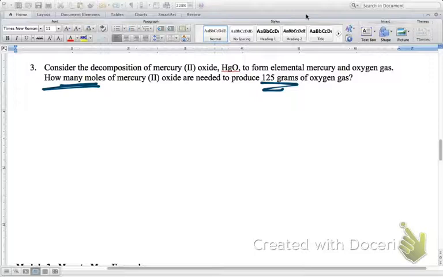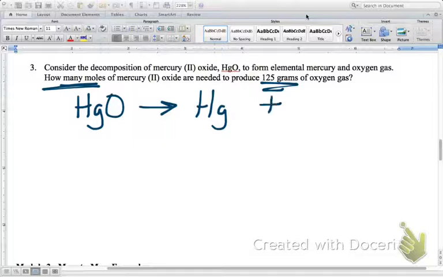It says, consider the decomposition of mercury 2 oxide, HgO, to form elemental mercury, which is just Hg, and oxygen gas. What's the formula for that oxygen gas going to be? O2, because remember we said that's one of our diatomic elements. Brinkelhoff, okay? Oxygen is the A in Brinkelhoff. So oxygen is a diatomic element. All right? So there's our skeleton equation.